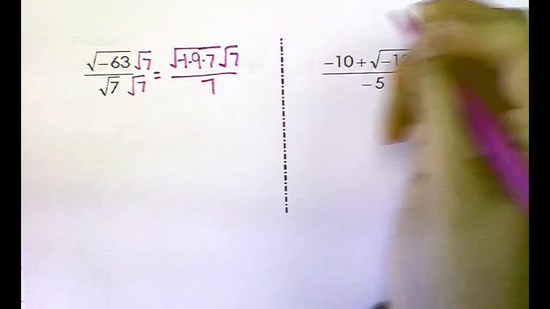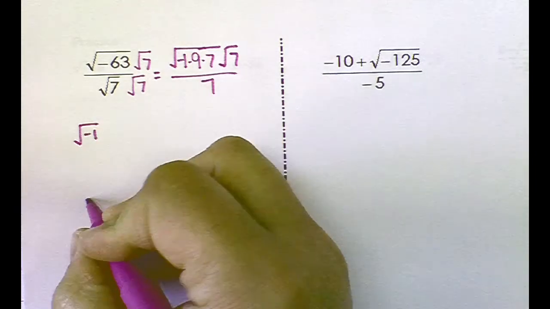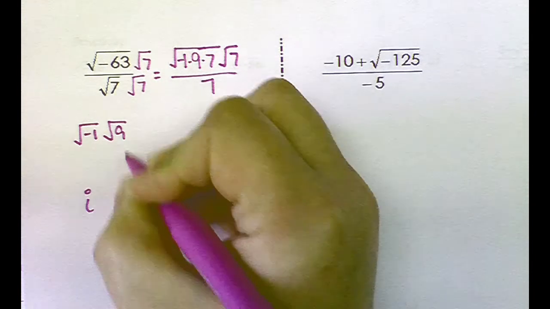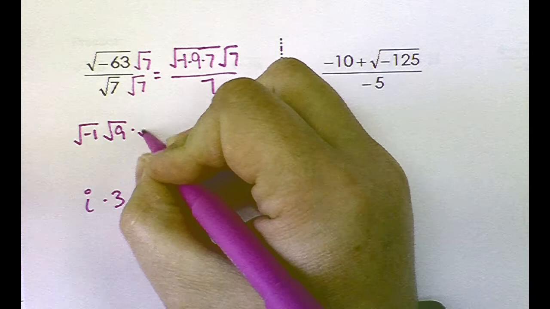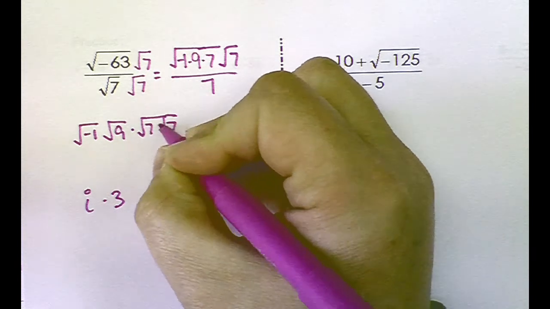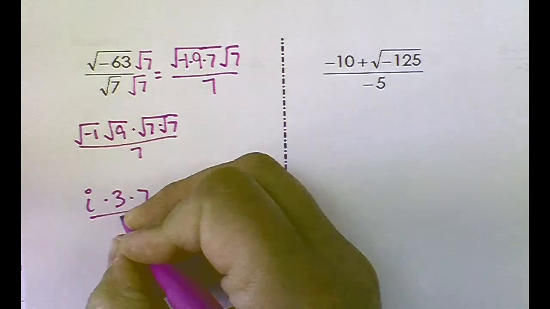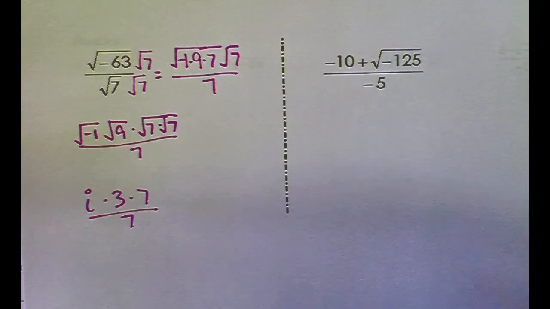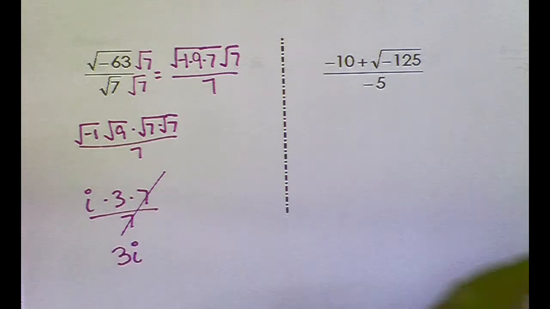The bottom I created to just be 7. All right, the square root of -1 is i. The square root of 9 is 3. Square root of 7 times square root of 7 is just 7. All over, still that 7 in the denominator. Well, I can cancel these 7's out, and that leaves me with 3 times i, or 3i.